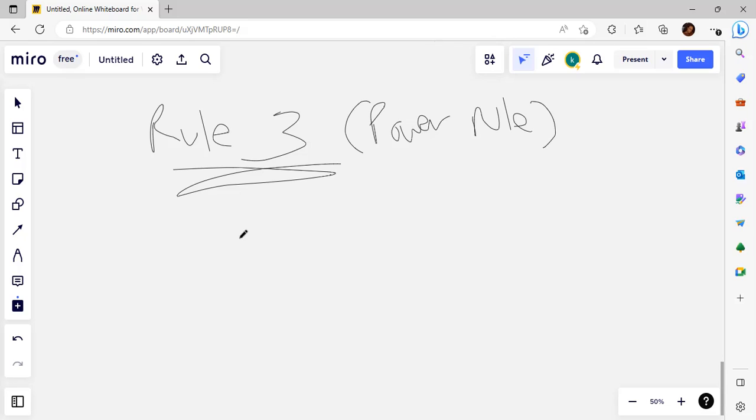What does rule number 3 tell us? If we have a base, let's use b again, with an exponent inside the bracket and another exponent outside the bracket, we have to multiply the two exponents. So b to the power of 3, all to the power of 4, becomes b to the power of 3 times 4, which gives us b to the power of 12.